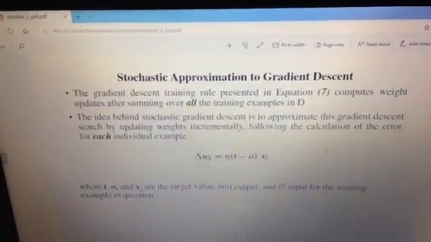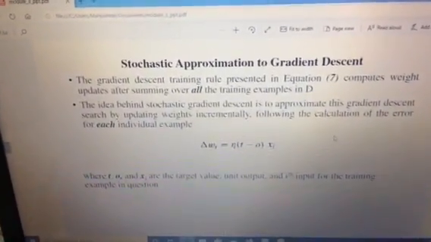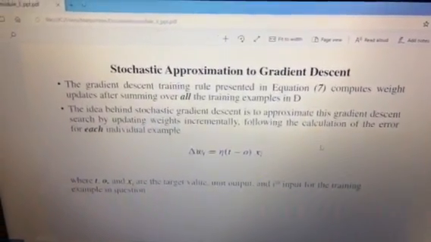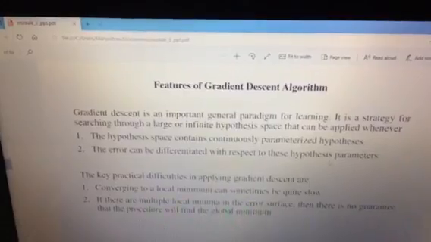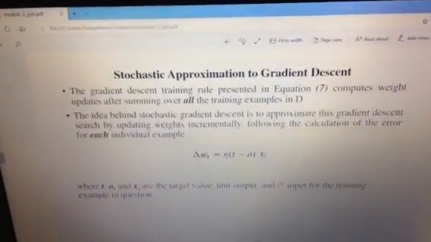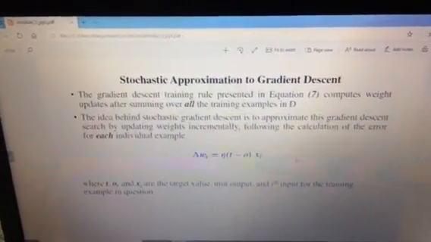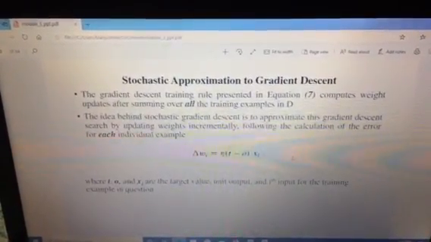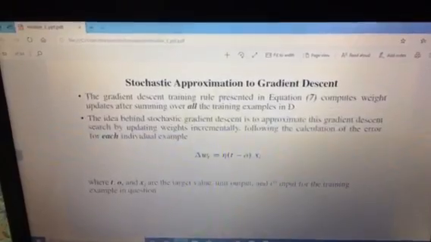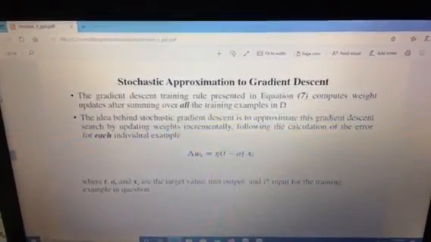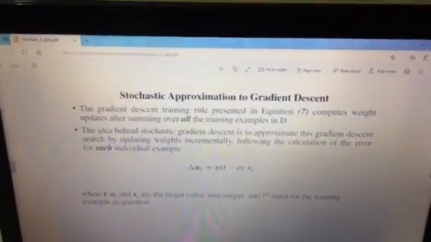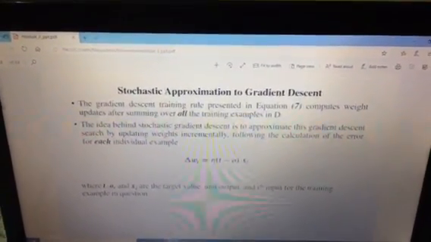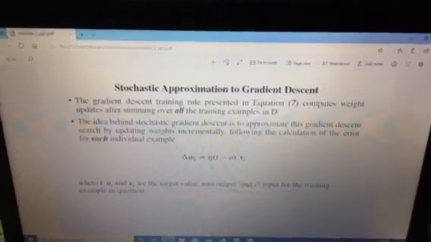You can see the explanation is the same. The idea behind stochastic gradient descent is to approximate this gradient descent search by updating the weight incrementally for each individual example, using the formula delta Wi equals eta (t minus o) into xi.